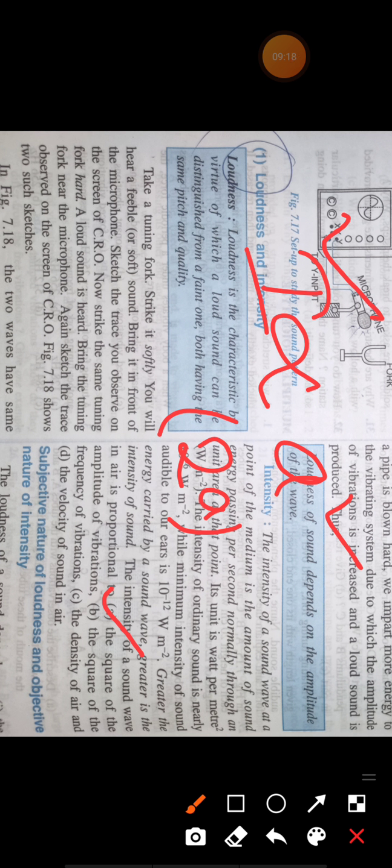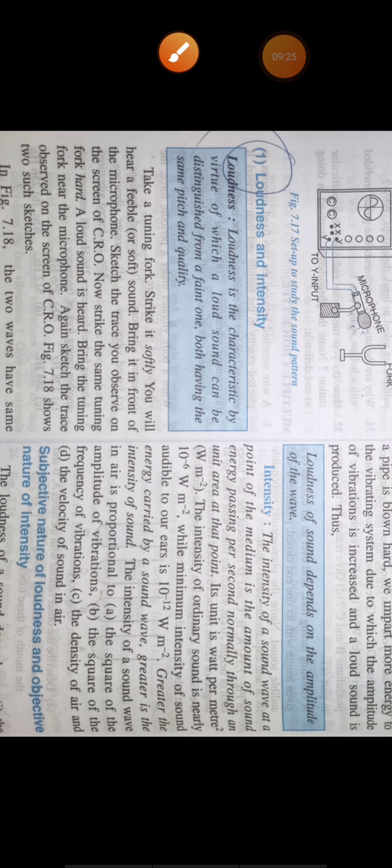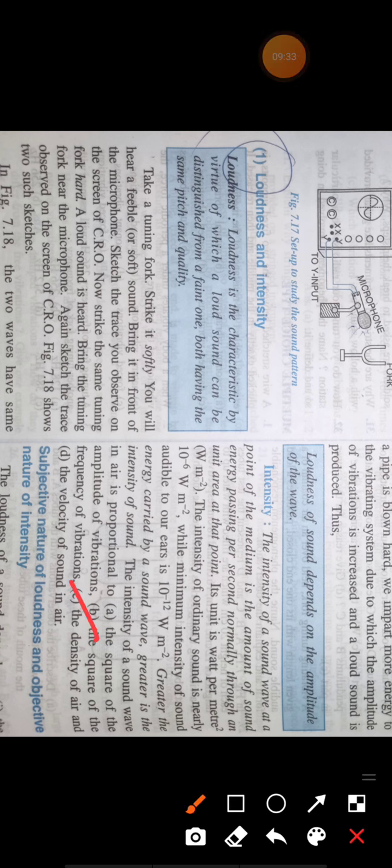If you increase the amplitude 4 times, the intensity will increase 16 times. So it is proportional to the square of the amplitude, and it is also proportional to the square of the frequency of the vibration. And it depends on the density of the air. If the density is large, then the intensity will also be large, and the velocity of sound in air.